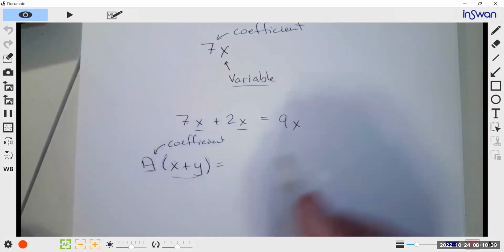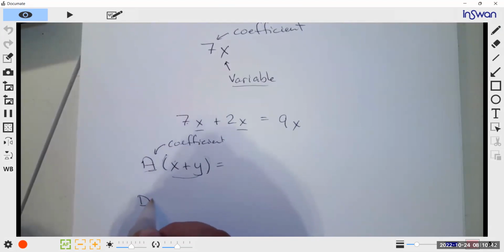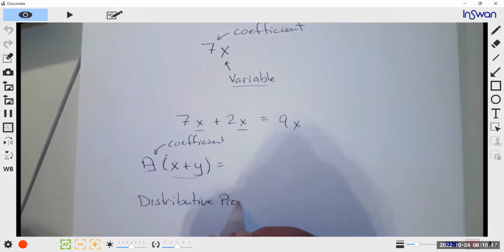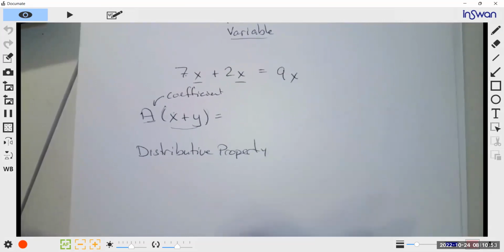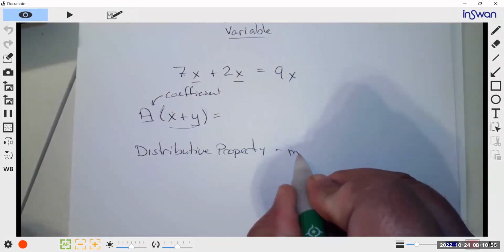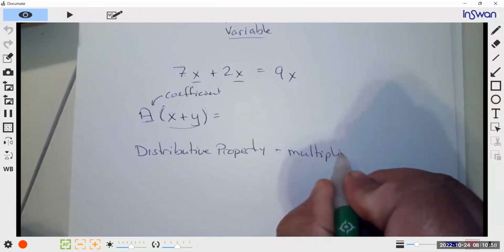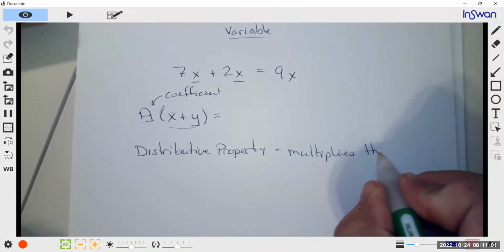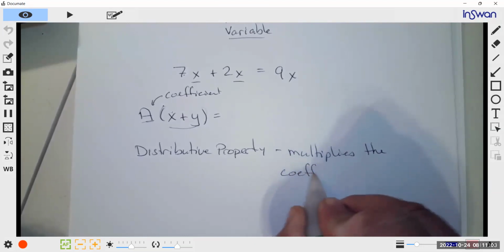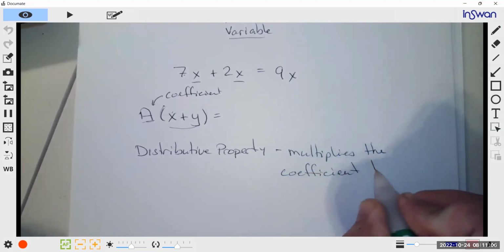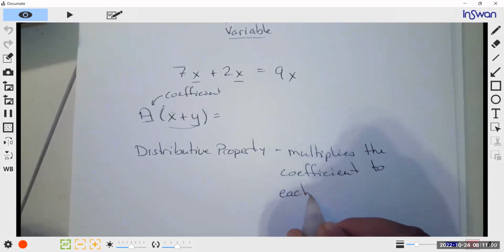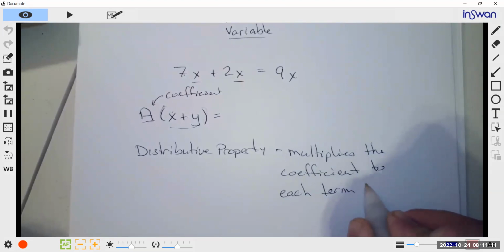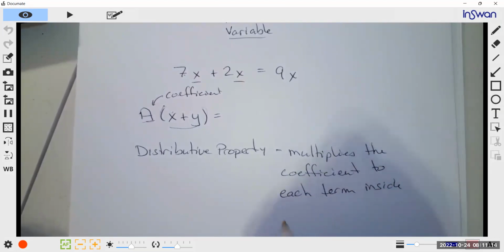It's called the distributive property. We talked about this at the beginning of the semester. The distributive property multiplies the coefficient to each term inside the parentheses.